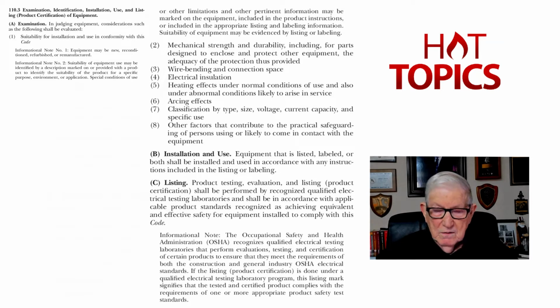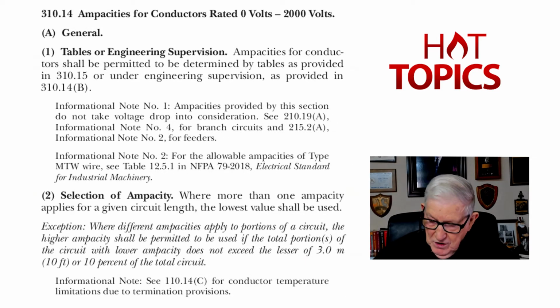So basically, what we're looking at, we want to look at these rules where we exceed what we're allowed in 310.16 there on page 160. So let's turn over with me to page 157.